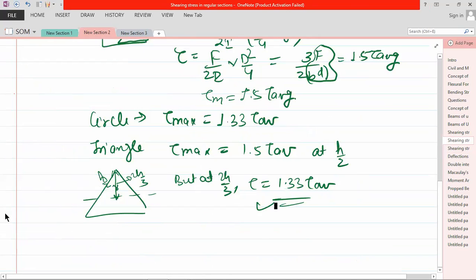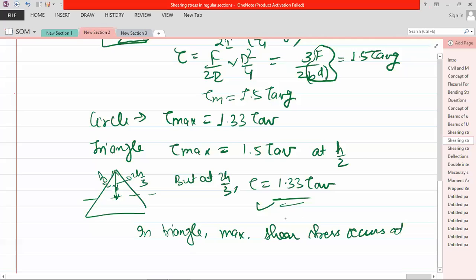Just like they ask what is the maximum shear stress in a triangle. The maximum shear stress occurs at h by 2, not 2h by 3. So for triangular cross sections, they will ask like that.